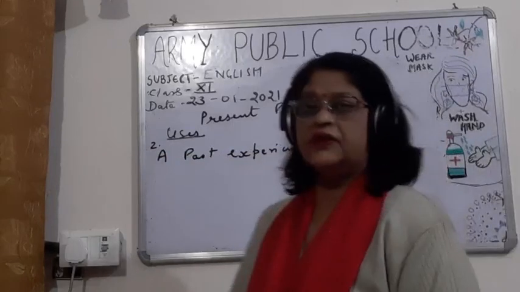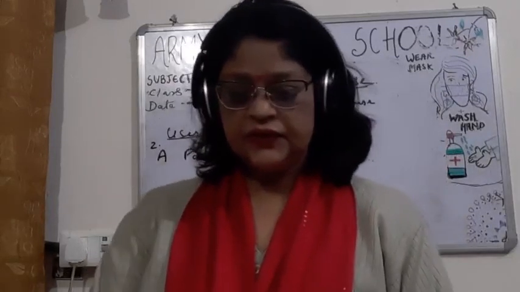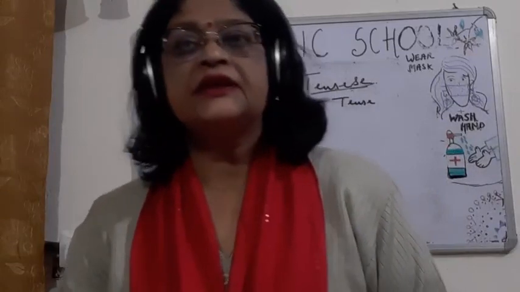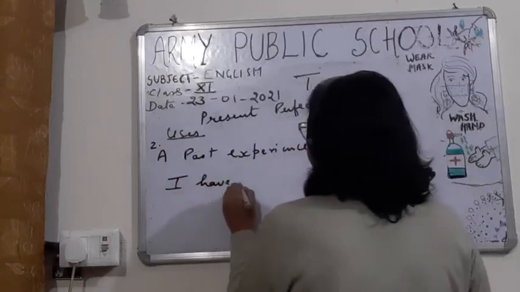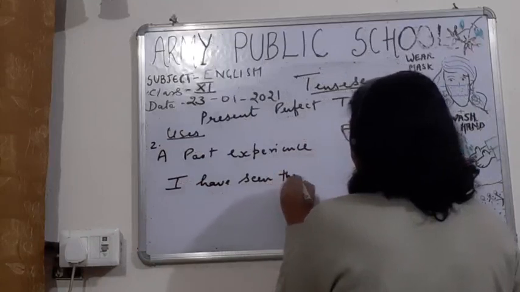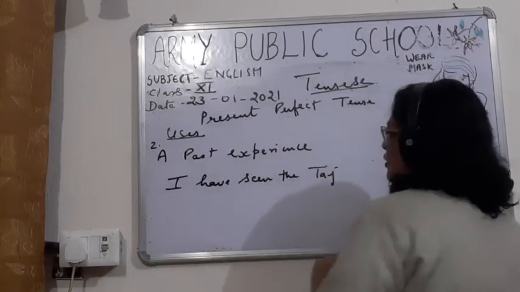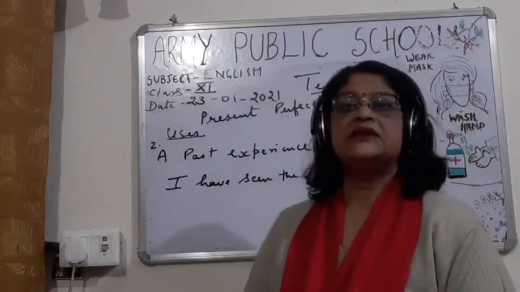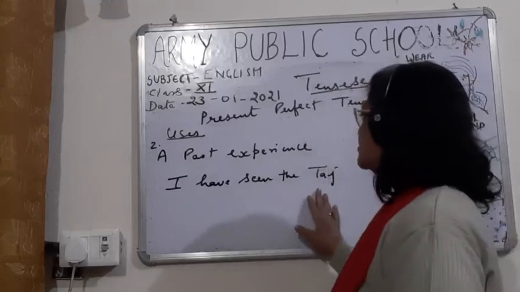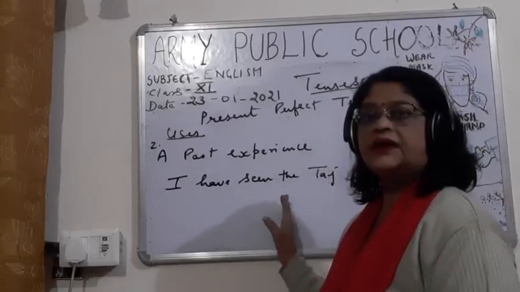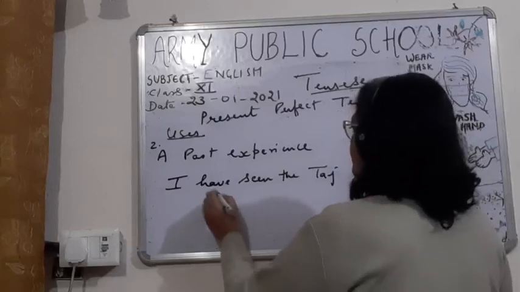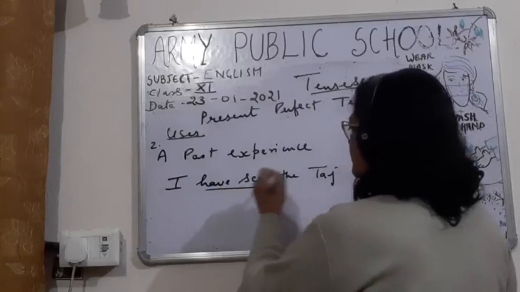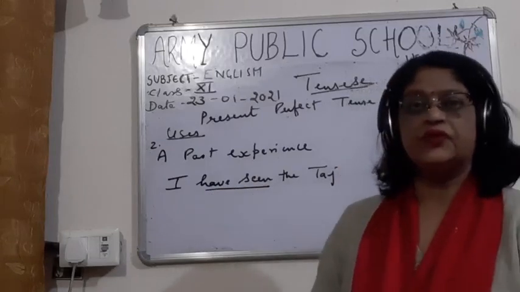When it has any relation with once, twice, before, ever, like I have seen the Taj. For example, I have seen the Taj. Children, I have seen the Taj. In this case, we have done this earlier, before.